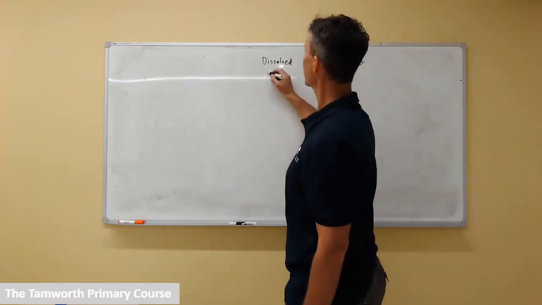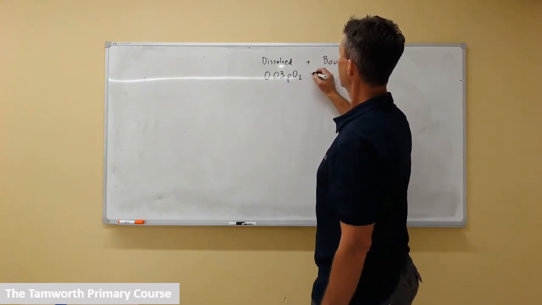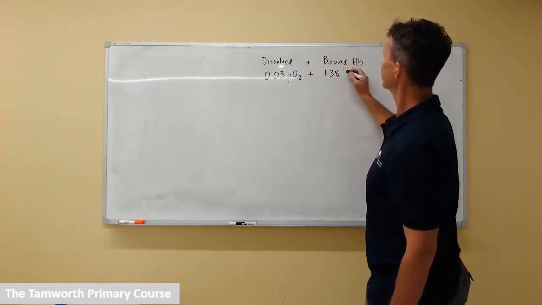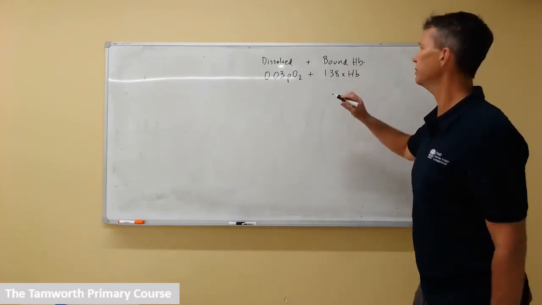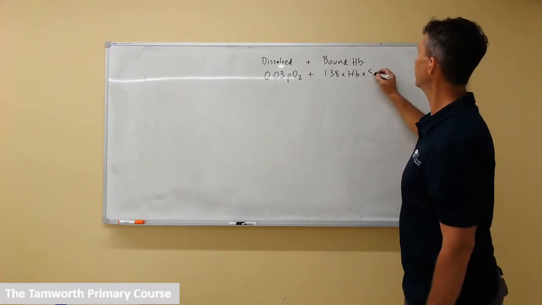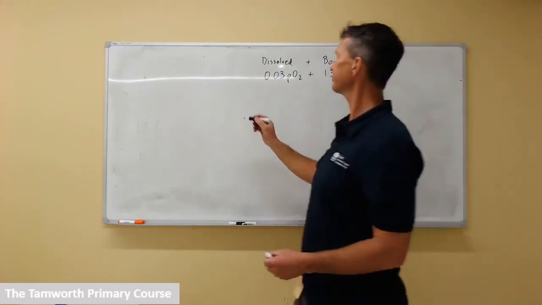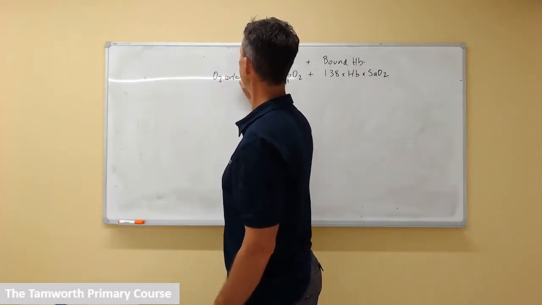The dissolved portion is 3% of the PO2, and the bound portion is 1.3 mils of oxygen bound to each gram of hemoglobin in proportion to its saturation. And this is how we define also the oxygen content of the blood.